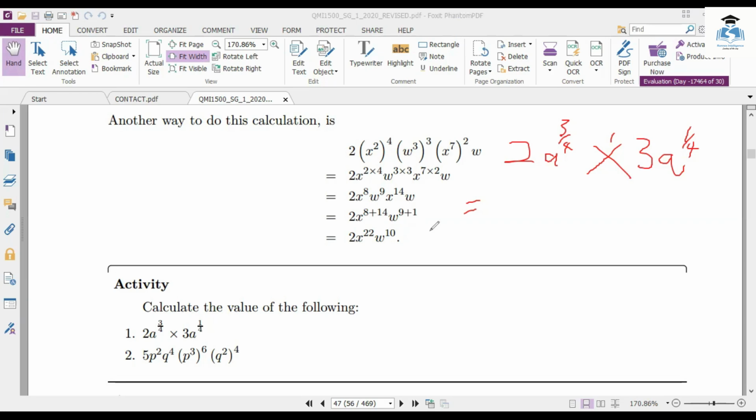We are going to say 2 multiplied by 3 is 6. The bases are the same, so we add the exponents, 3 over 4 plus 1 over 4. Then we say 6a.